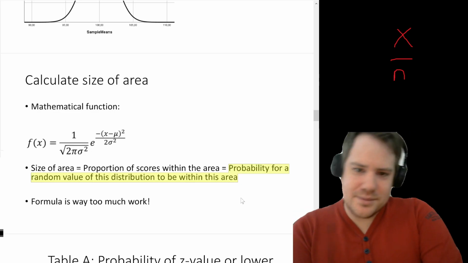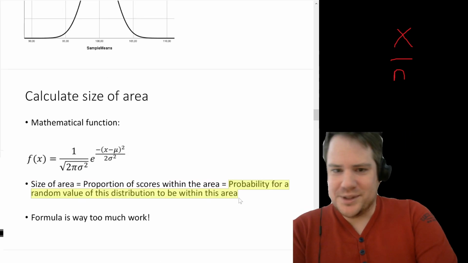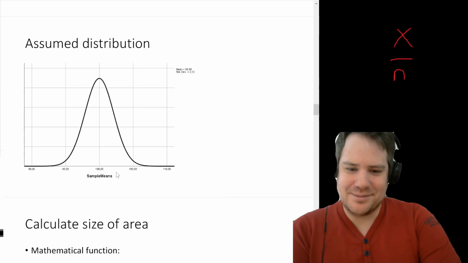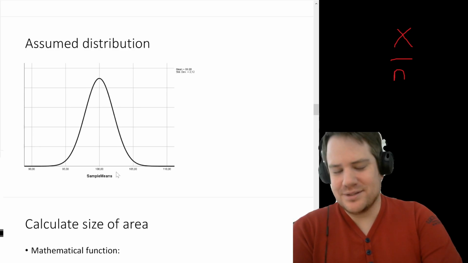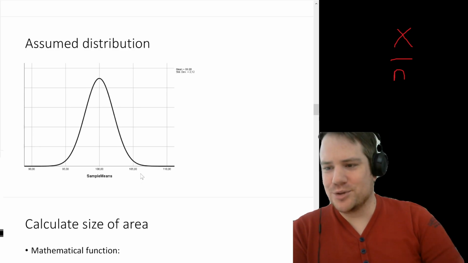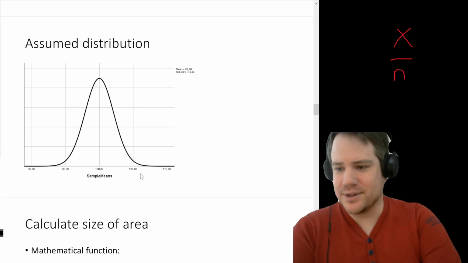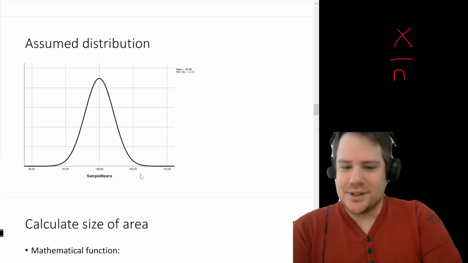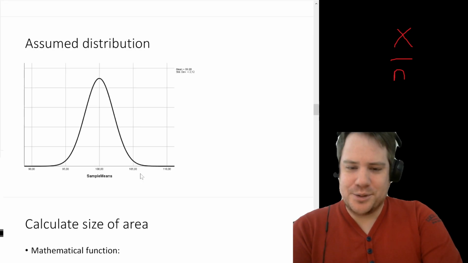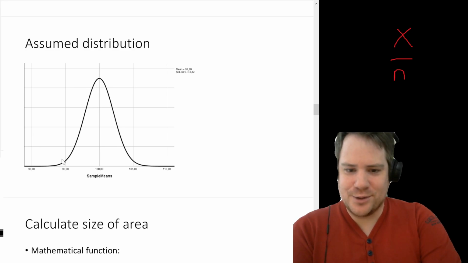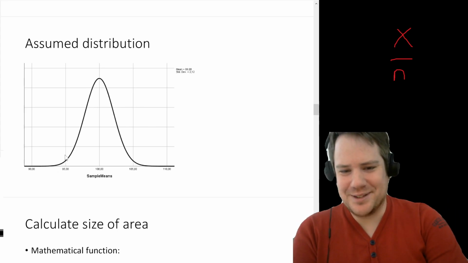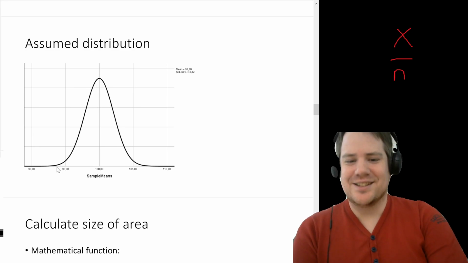Now, of course, a bit of a problem is, I don't know if you've had geometry. If you did, you probably learned how to calculate the area size of a triangle or a square or a pentagon, perhaps. But what you probably didn't learn was how to calculate the area size when the curve is bent like that, where it isn't just a straight line but part of a curve.